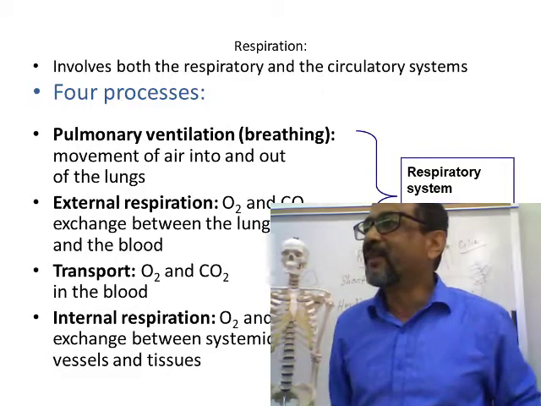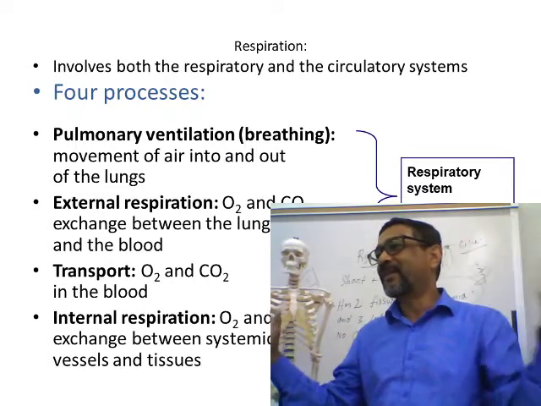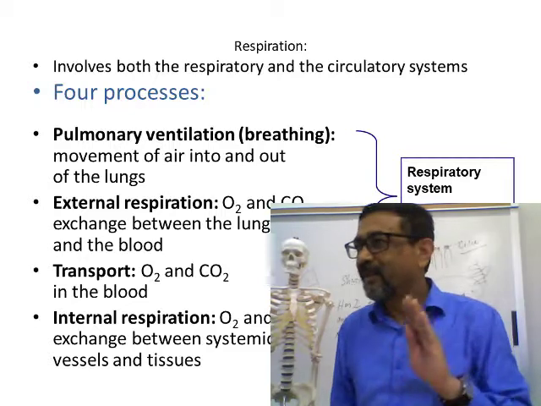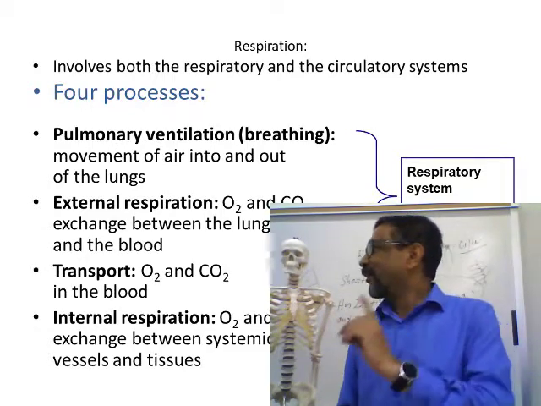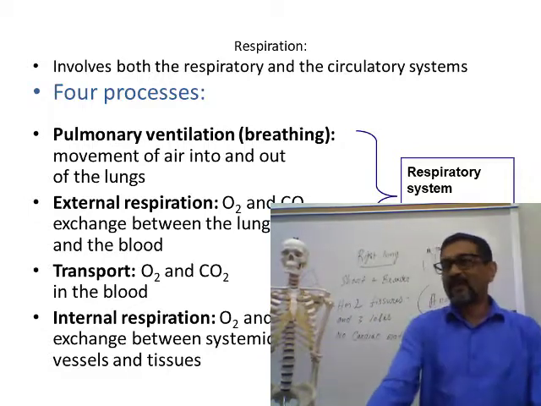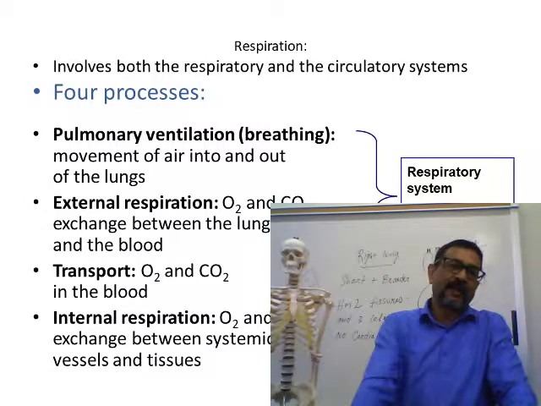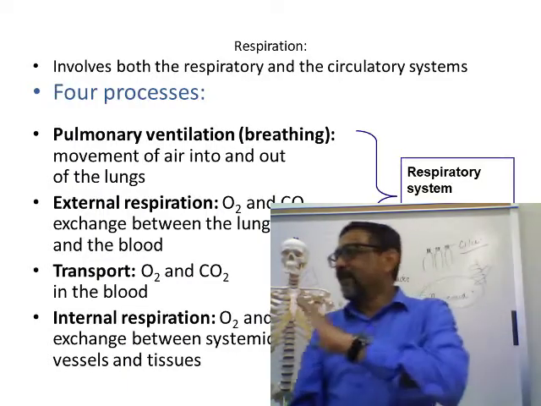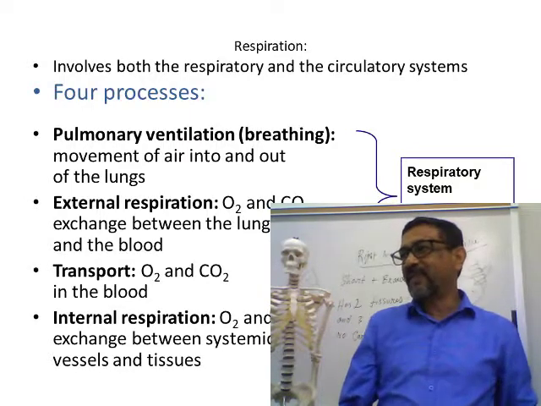External respiration is what? Gas exchange in the lung. That's the external respiration. Gas exchange where? In the lung. Is it clear? Transport. Blood transports oxygen and carbon dioxide. Make sense? So blood performs this process.